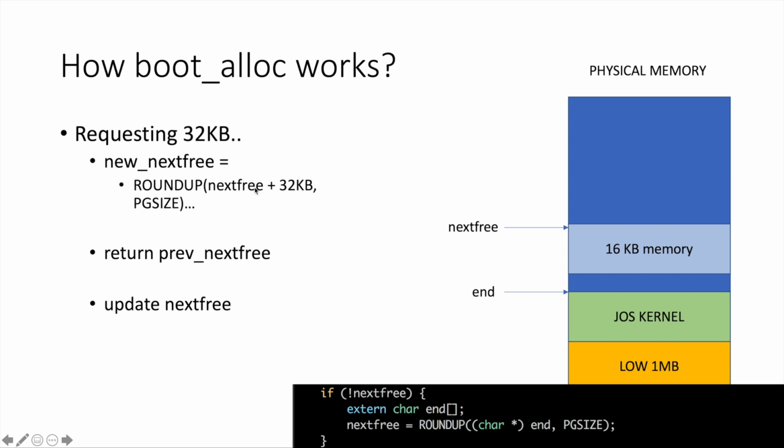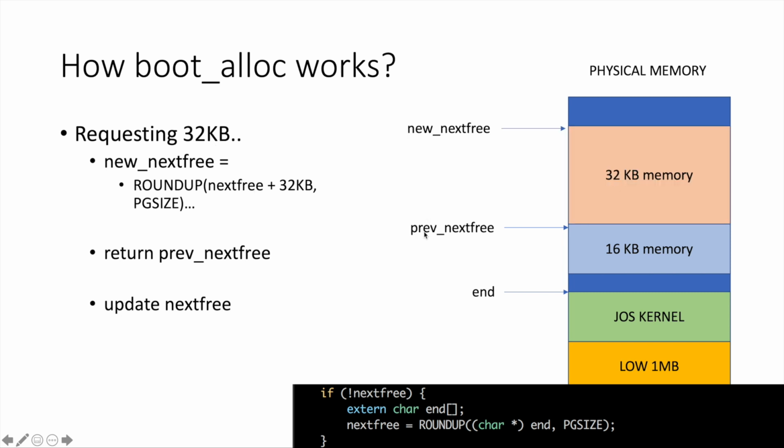Then, in such a case, we set prev_nextfree as the previous nextfree, and then set new_nextfree as the roundup of nextfree plus 32 kilobytes, and then we will return this prev_nextfree, and before that, we will update nextfree to new_nextfree, like this. By doing this, we can keep the invariant: anything above nextfree is free.